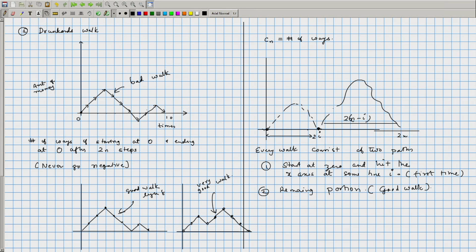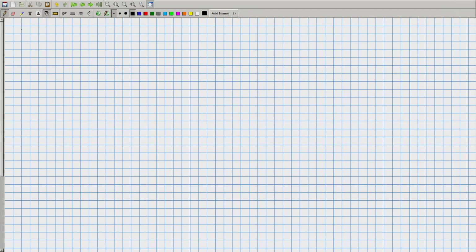Okay. So, the number of ways of constructing walks by combining these two walks is not going to be just the product of two simple good walks. Okay. It is a product of a simple good walk and something which is very good, in the sense it has never hit the x axis. Okay. So, we will formally define what is a very good walk.